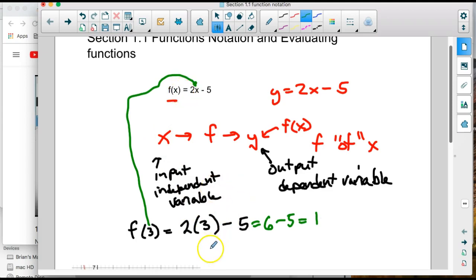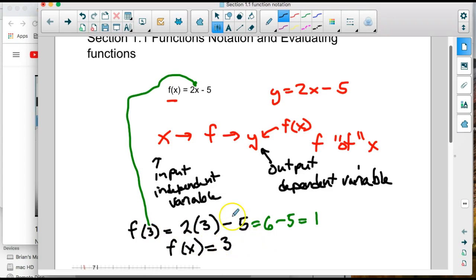Sometimes we ask the question: when does the function itself equal a value? So like 3. If we want to know when the function equals 3, instead of when the function is inputted 3, we're asking when is the output, when is the dependent variable 3.